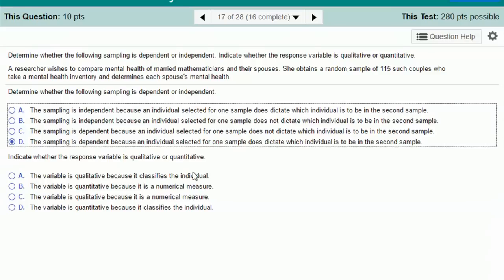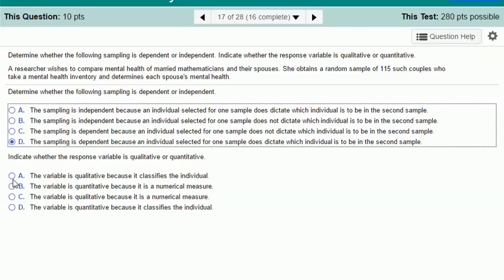Now, what we're asking is about a mental health inventory. A mental health inventory sounds very qualitative. It isn't clear to me that that would be some numerical measure.